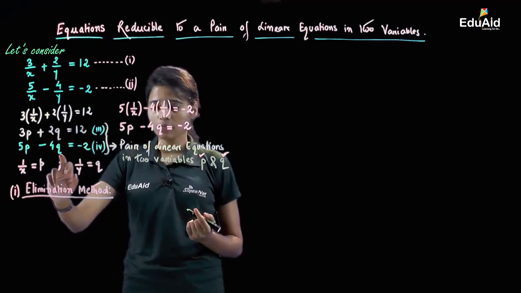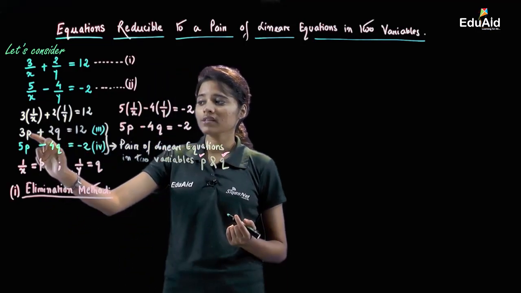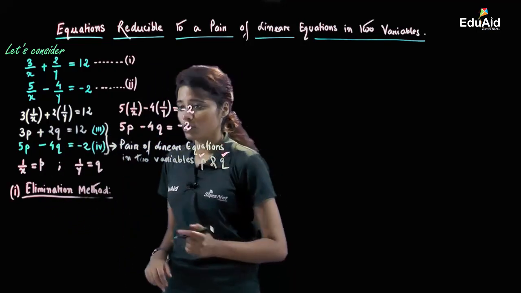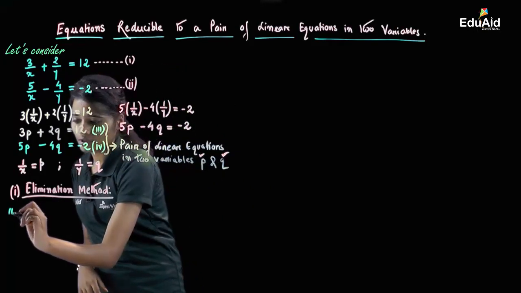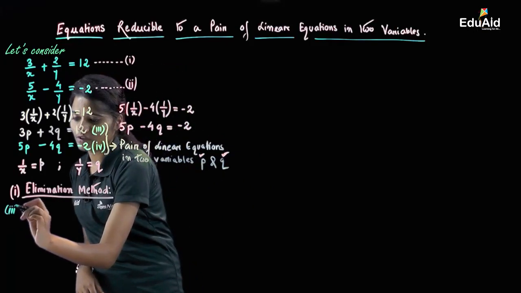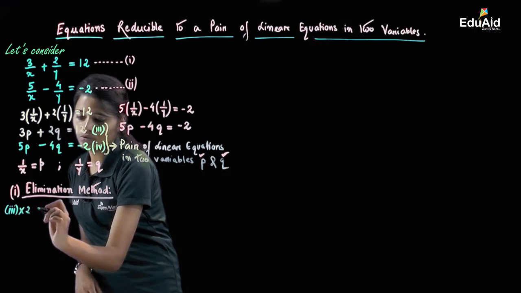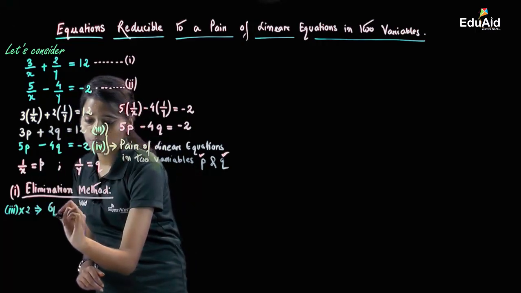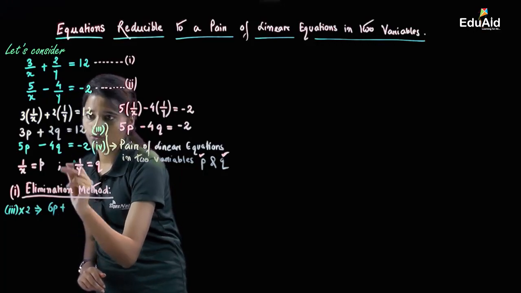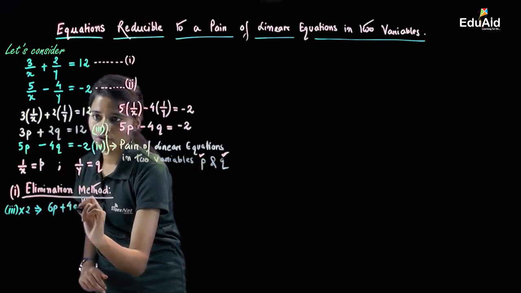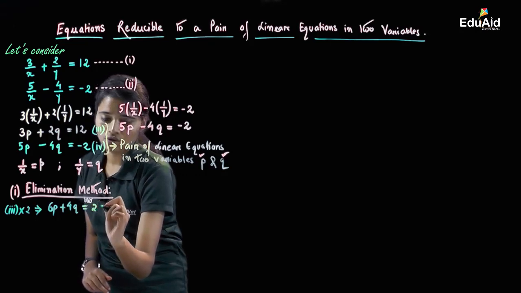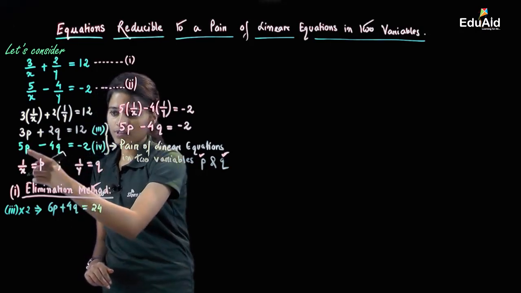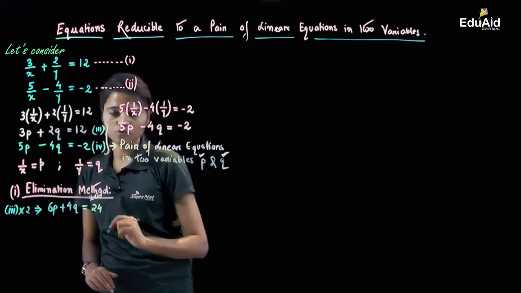So if I want to eliminate q, I'll have to multiply equation number 3 by 2. If I multiply by 2, what will I get? 6p plus 4q is equal to 24. And the second is 5p minus 4q is equal to minus 2.